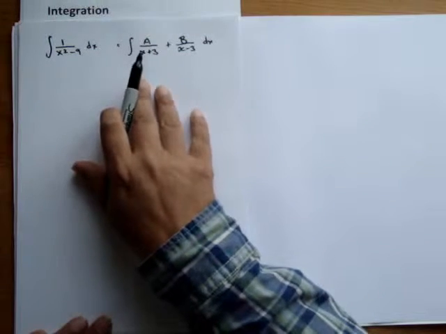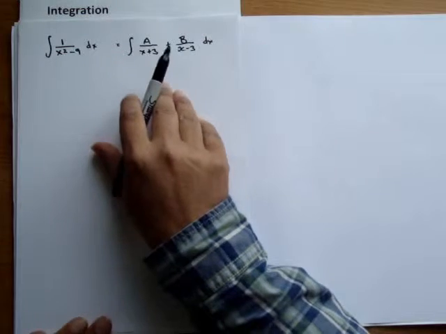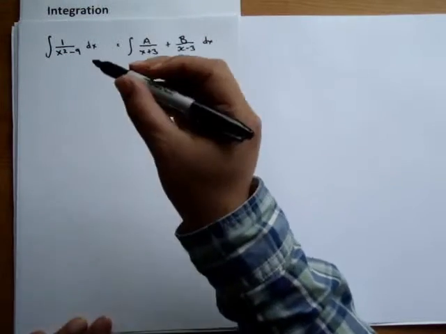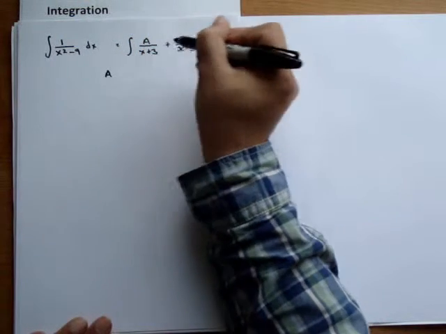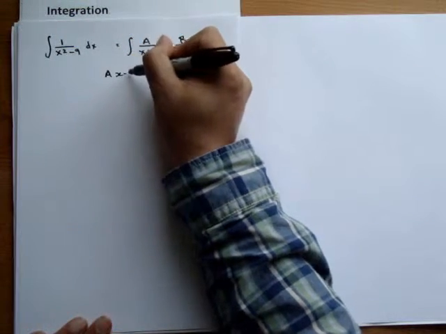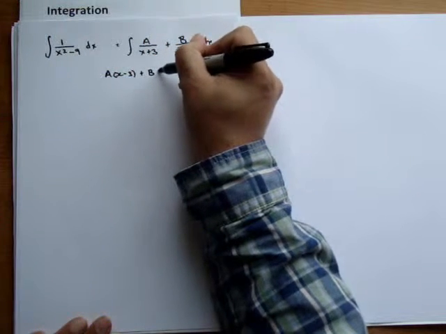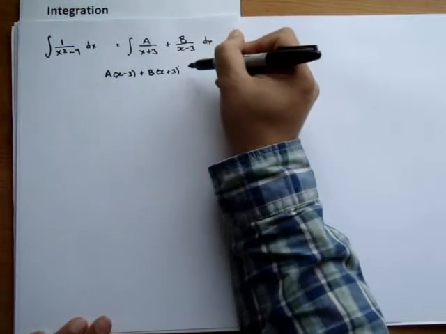Now when we get the common denominator, add the factors and equate the numerators, we get A(x minus 3) plus B(x plus 3), and the numerator is 1.